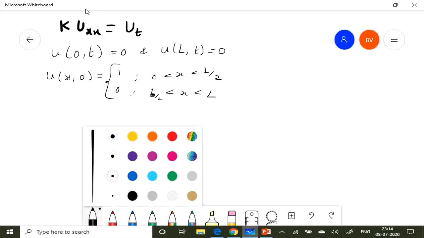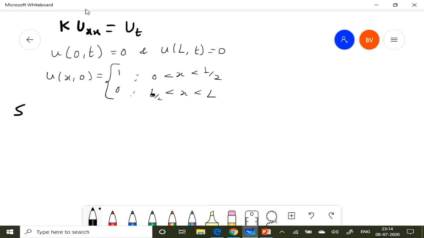Now let us start the solution. We let the solution u be the product of two functions X and T, where X is a function of x alone and T is a function of the variable t alone.